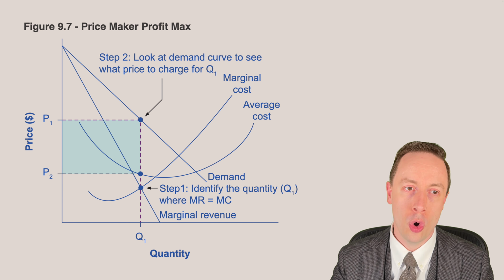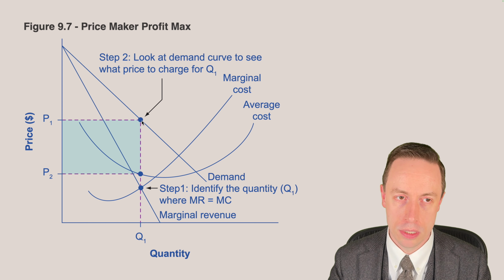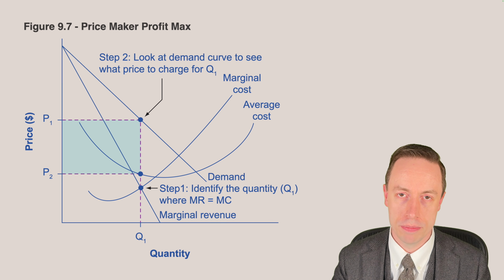Allocative efficiency would be achieved if price were to fall to marginal cost. So if you would imagine the monopolist lowering price, going down the demand curve, lowering price, lowering price, lowering price till right here. If price meets marginal cost, that would be allocative efficiency.